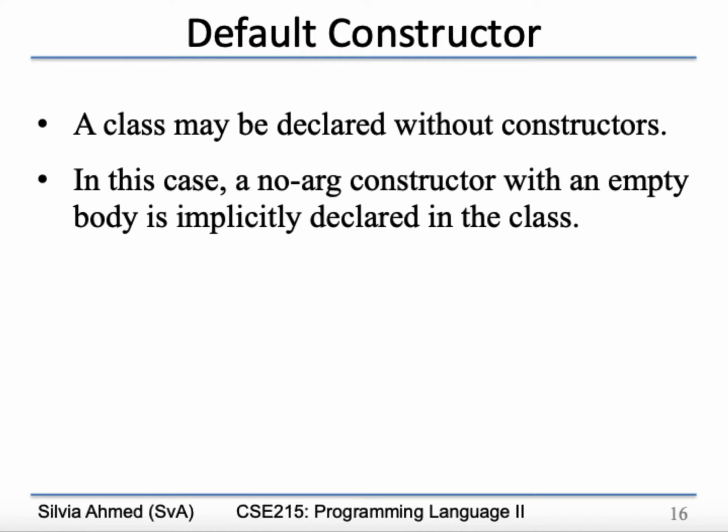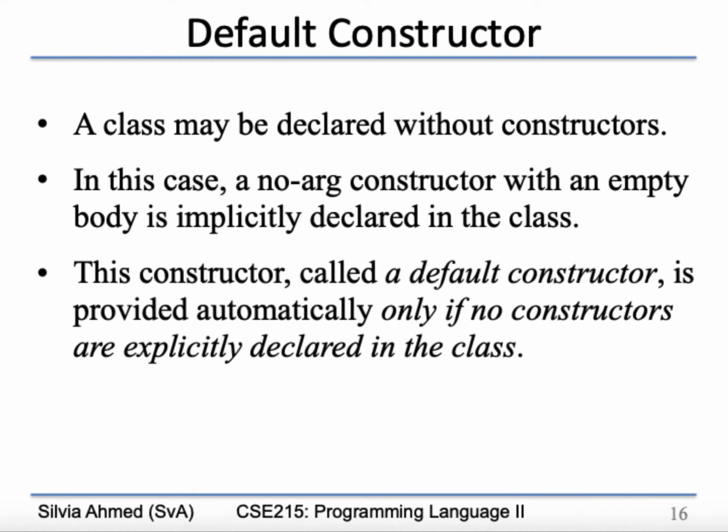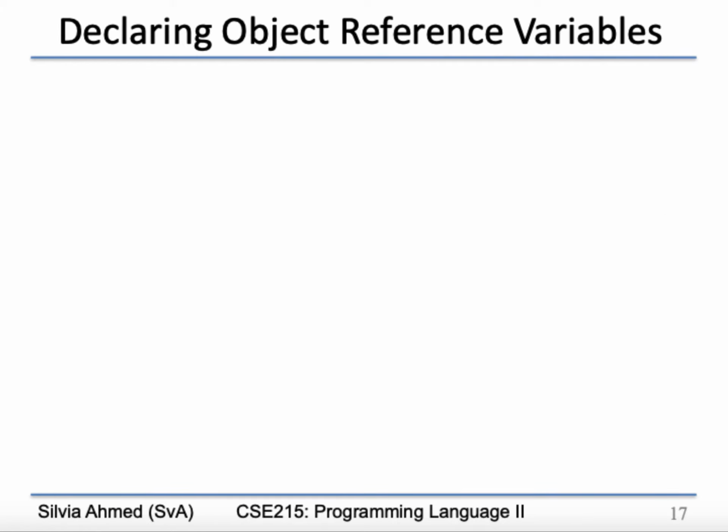That automated code is called the default constructor, and it is a no-argument constructor. This constructor will be provided automatically only if no constructors are explicitly declared in the class. If we have other constructors with parameters, there will be no default constructor.